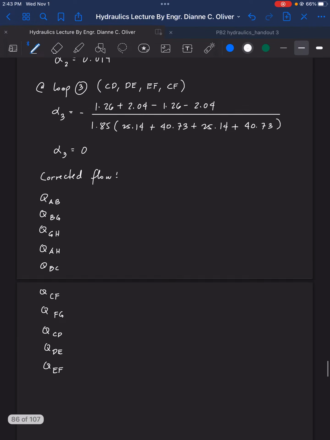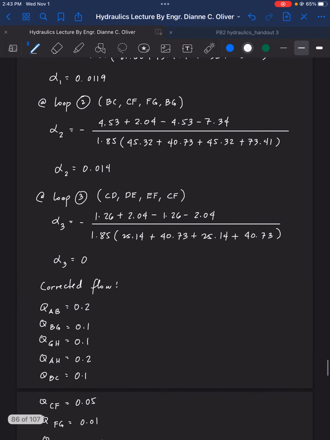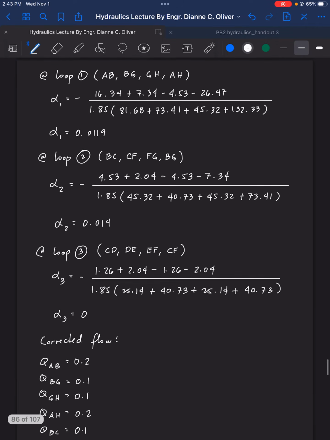And then the assumed flow from a while ago: that is 0.2, 0.1, 0.1, 0.2 for the AH, BC 0.1, CF is 0.05, FG is 0.01, CD is 0.05, 0.05, and then 0.05.